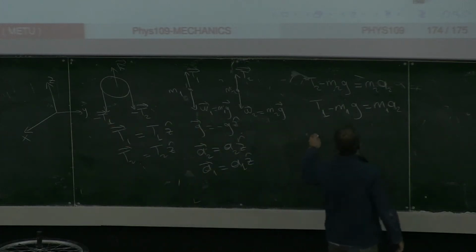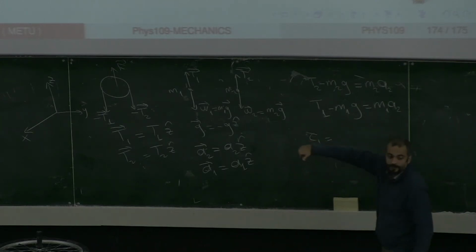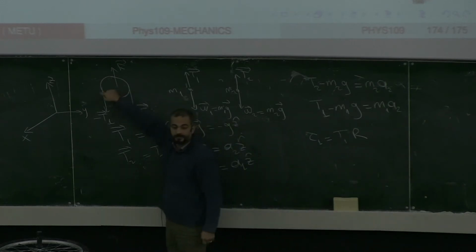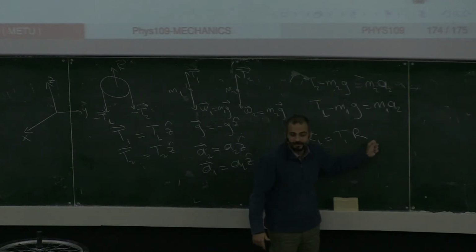So the net torque acting on my system, tau 1, let's call it, is in the positive x-axis, and its magnitude will be just T1 times r, because it's acting at a distance r from the rotation axis. It is perpendicular to this radius vector, and the force has a magnitude T1, so T1 times r times sine 90 degrees, which is just 1.